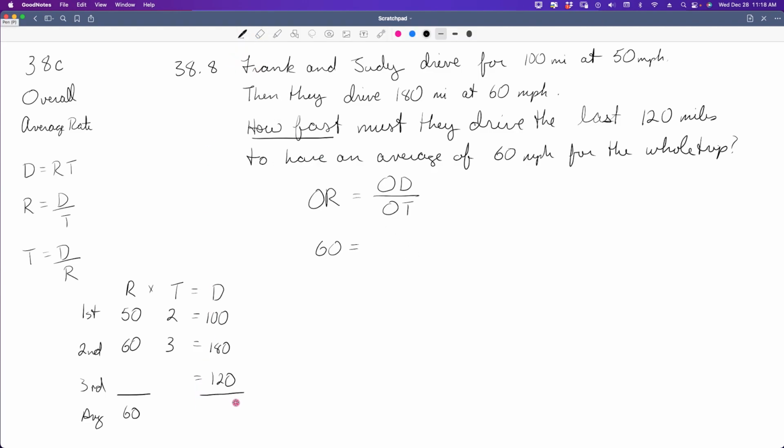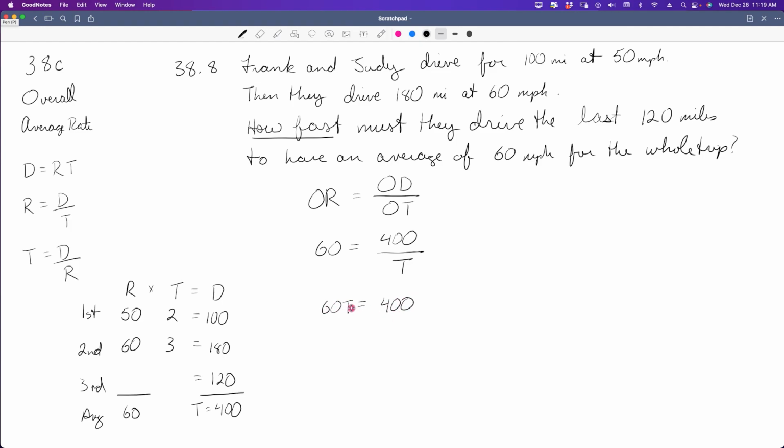This is our total. 100 plus 180 plus 120 is going to equal 400 miles. So our overall distance is 400. What we don't know is the overall time. That's the mystery. So we're going to multiply everything by t. We get 60t is equal to 400.